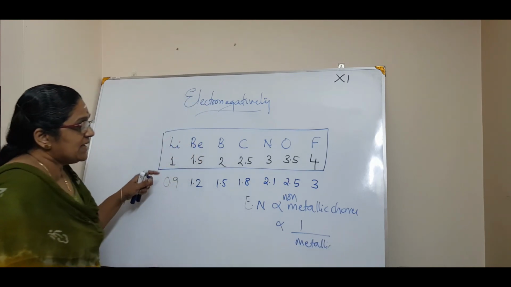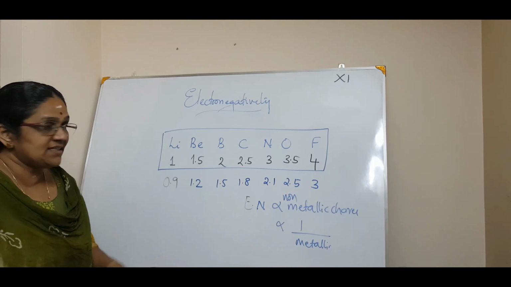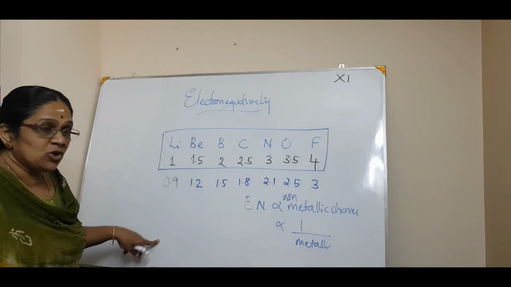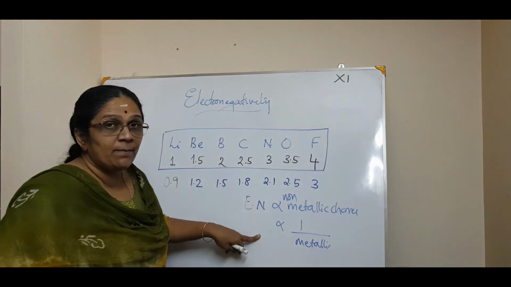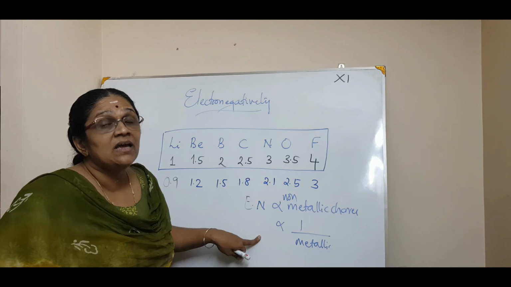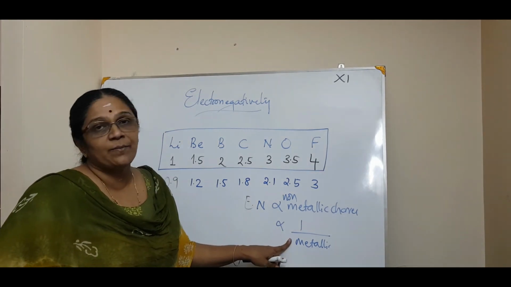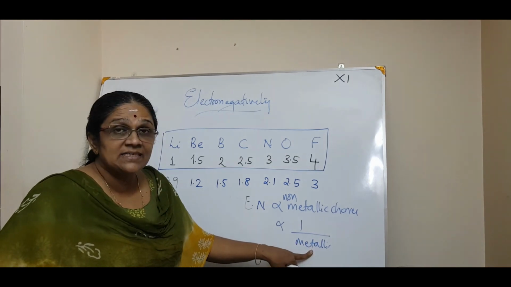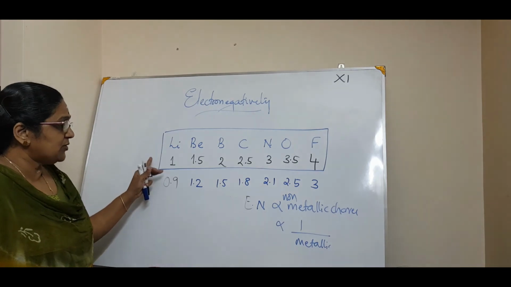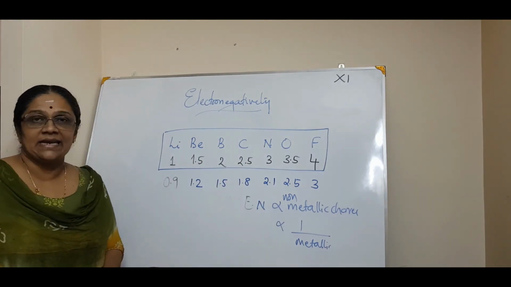That means when metallic character increases, electronegativity decreases. From top to bottom in a periodic table, metallic character increases, and electronegativity decreases. That is why it is inversely proportional. If metallic character increases, electronegativity decreases, or electronegativity is directly proportional to the non-metallic character.